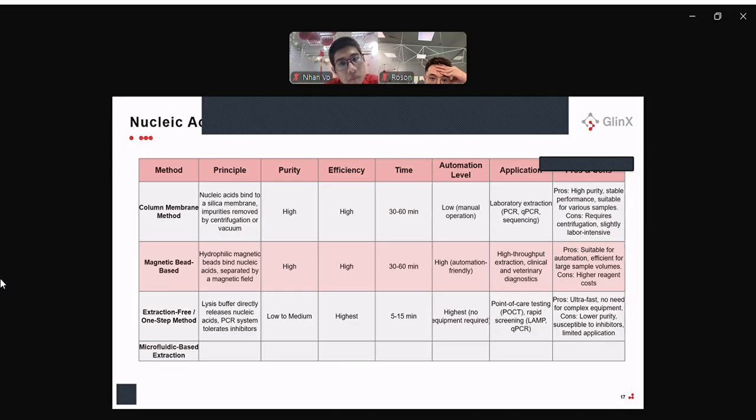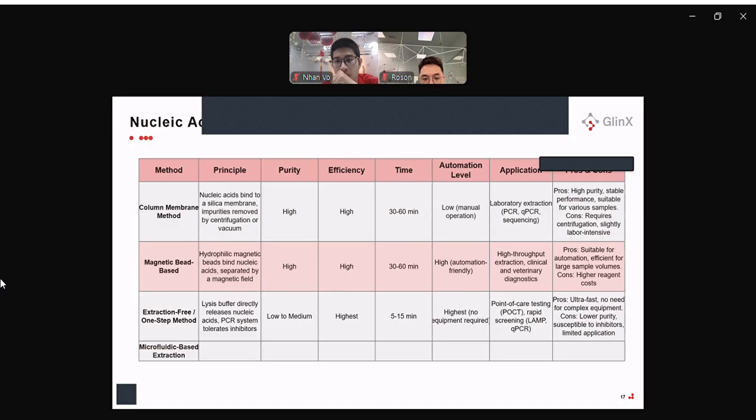Still today, a lot of labs are using this method to finish nucleic acid extraction. It relies on nucleic acid binding to silica membranes, while the impurities are washed away by centrifugation or vacuum filtration.